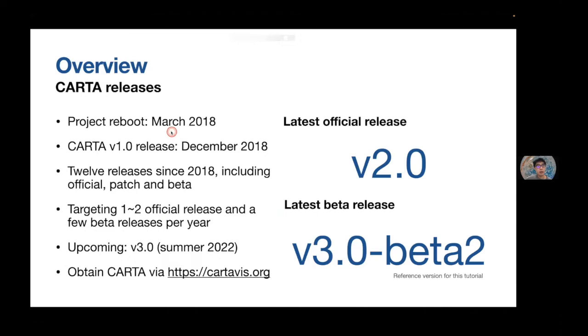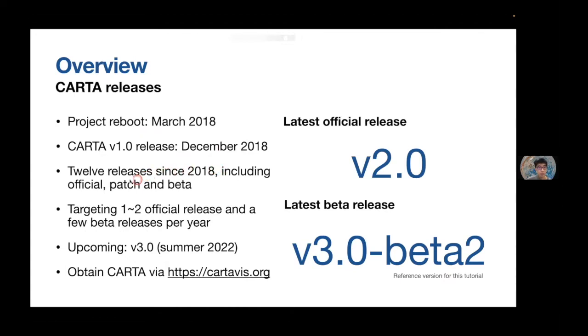Regarding the CARTA releases, in March 2018, we had the so-called project reboot. And after a few months of effort, we released the first version, version 1.0, in December 2018. And counting the releases, we have 12 releases since 2018.